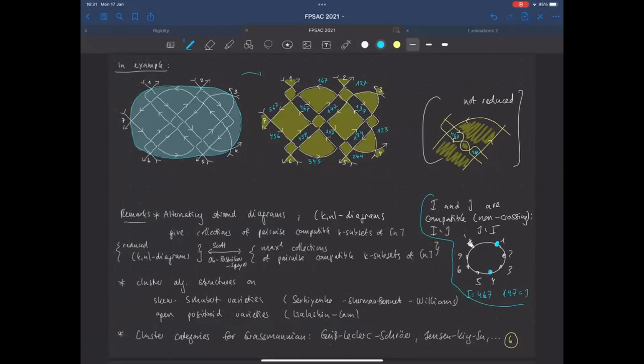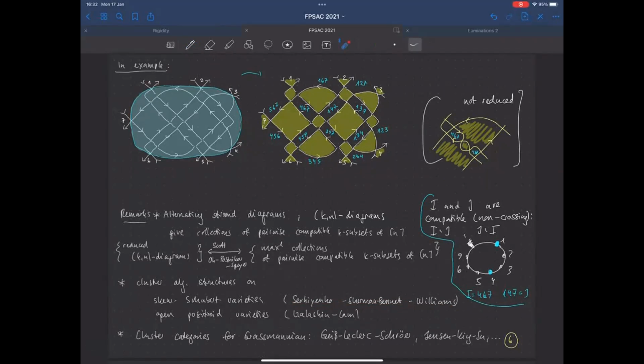So this is like a cluster algebra structure for the Grassmannian or for the big cell, but there are cluster algebra structures on related rings. So for Schubert varieties, for example, by Serhiyenko, Sherman-Bennett, Williams, or open positroid varieties, but more generally by Galashin and Lam.